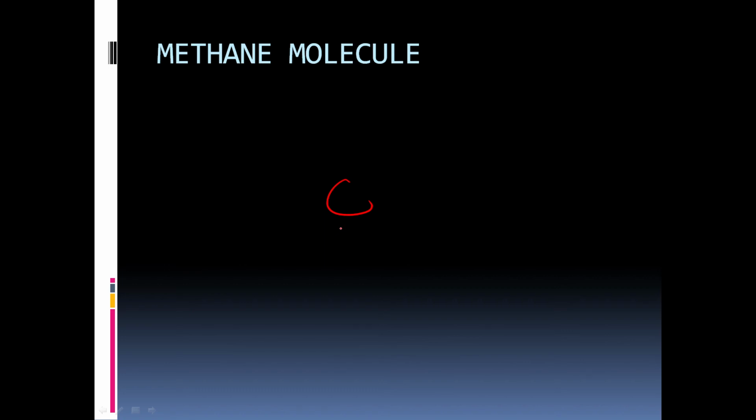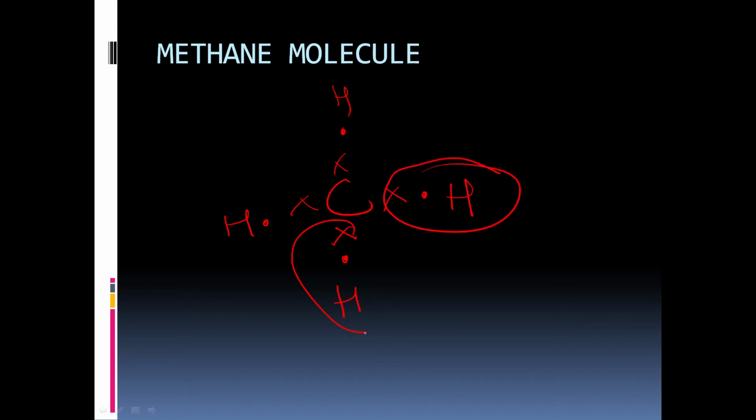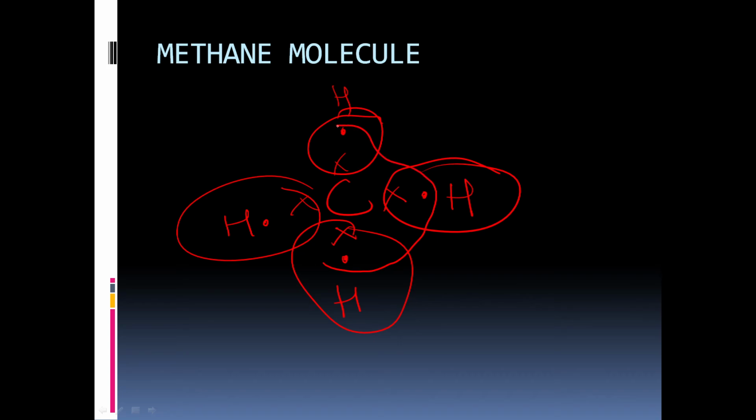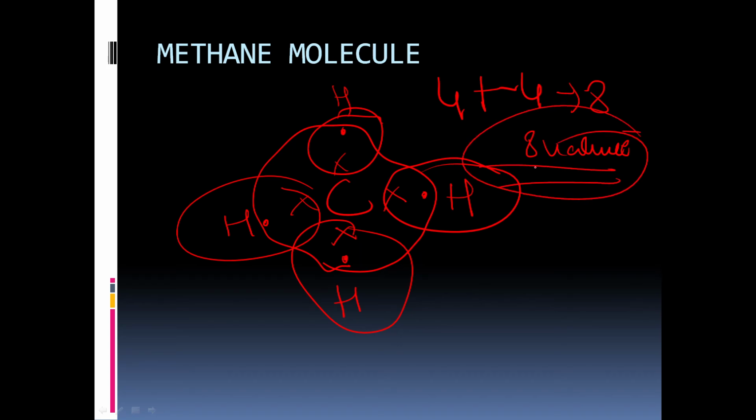Don't worry. Okay. So hydrogen was bonded, hydrogen was bonded, hydrogen was bonded, and hydrogen. Right? So carbon also did 4, and 1, 2, 3, 4. So 4 electrons of carbon itself plus 4 from all these hydrogens makes it 8, and 8 valence electrons are complete. Right? So this way this methane molecule is formed.